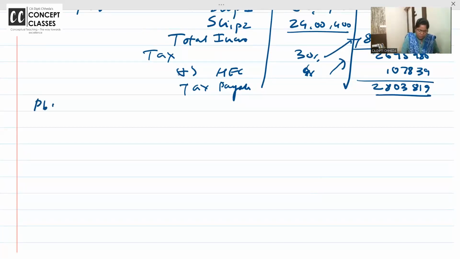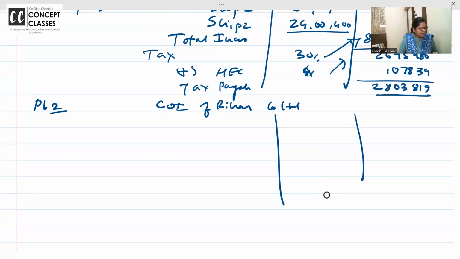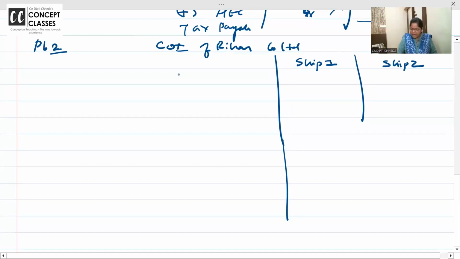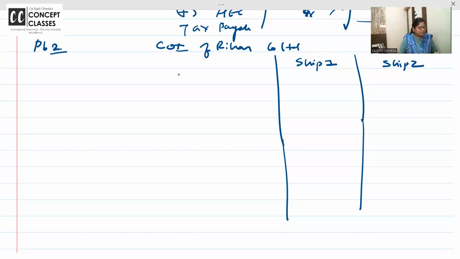So problem number 2, we are calculating the computation of income of Rehan Co Limited. It's a shipping company and it has got 2 ships. Ship 1, ship 2. Can we go a little fast because a similar problem we have done, and I want to take one more problem for the TRR also. I'll give you the data and I'll take that.